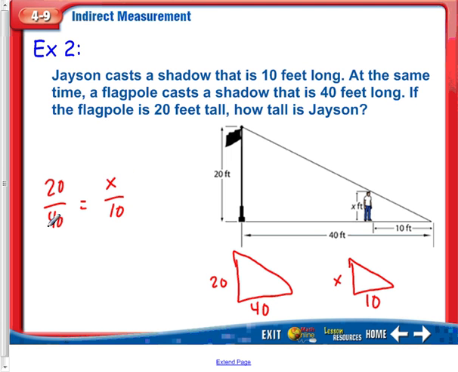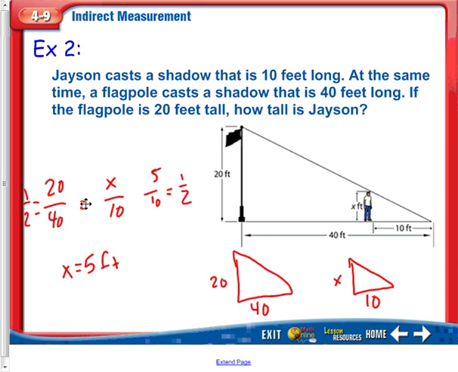So when I look at this, I'm dividing this by 2, or from the top to bottom is multiplying by 2. So I could simplify this to be 1/2. So I know that this ratio needs to be equal to 1/2. So I know that x is going to be 5 feet, because 5 over 10 is equal to 1/2.